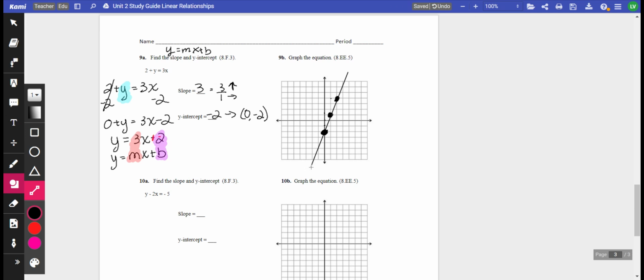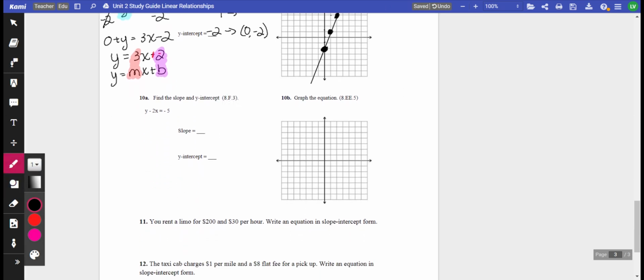All right. Let's try 10a. Find the slope and the y-intercept. Again, I want it to be in slope-intercept form. So y minus 2x equals negative 5. I'm going to add 2x to both sides.